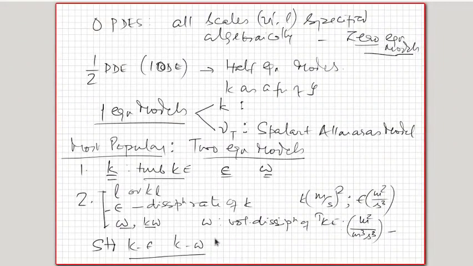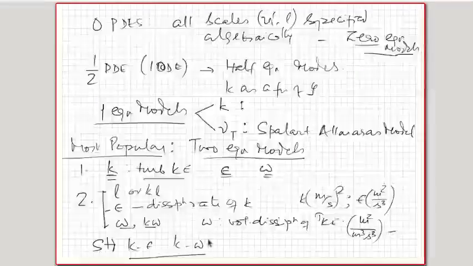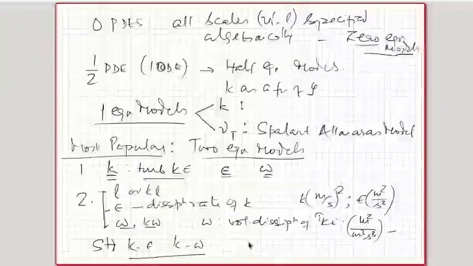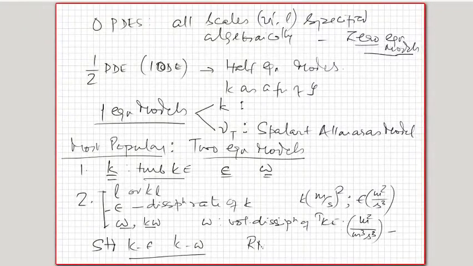But then if there are flows in which the flow is partly laminar in some places and partly turbulent, or wherever the flow slows down, the turbulence reduces in that area. So if you need to capture that, then you use other kinds of models called the renormalization group, RNG.